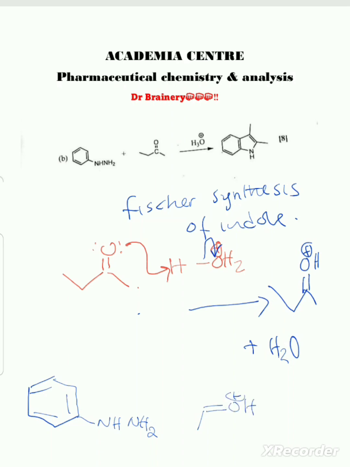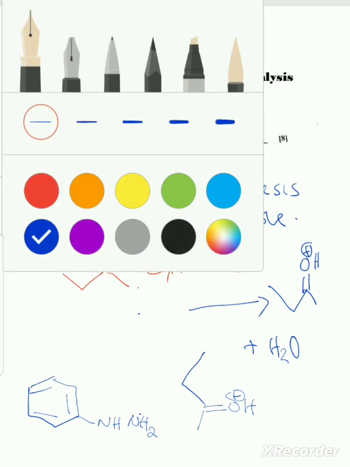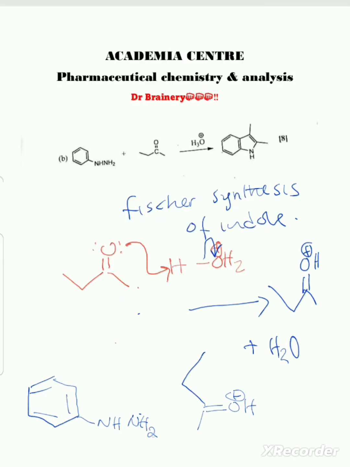You need to use the lone pair of the nitrogen that has two hydrogens, which is connected to another nitrogen, this one. This is the one that attacks the carbon that has the protonated OH. So this bond will open like this, and then we have this attached.